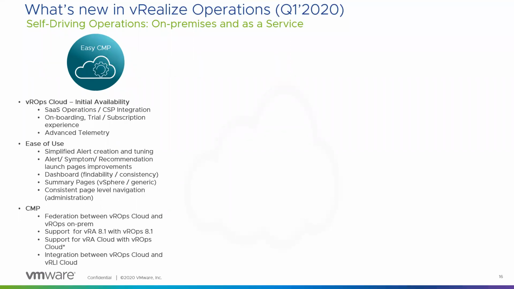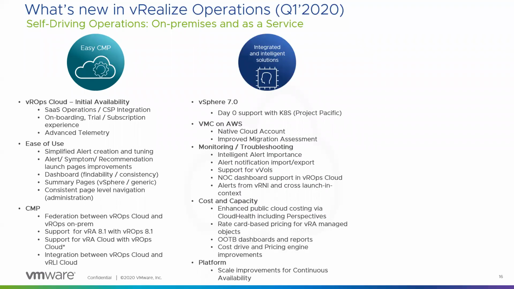They like to use that complete flow where, as soon as they deploy their workloads, later they would like to use the operations tool, in this case vROPs, for managing those same workloads. And that's why vRA Cloud talks to vROPs Cloud as well. That's the integration, which is on-prem to on-prem and cloud to cloud. And similarly, the integration between vROPs Cloud and vRLI Cloud.